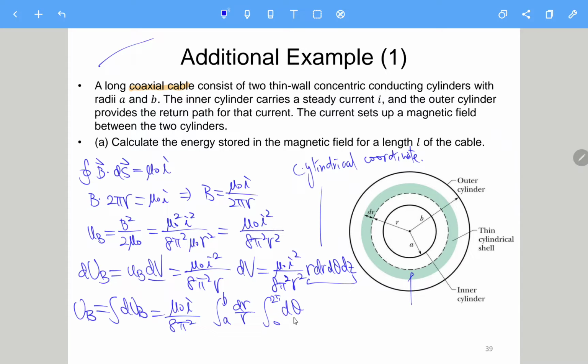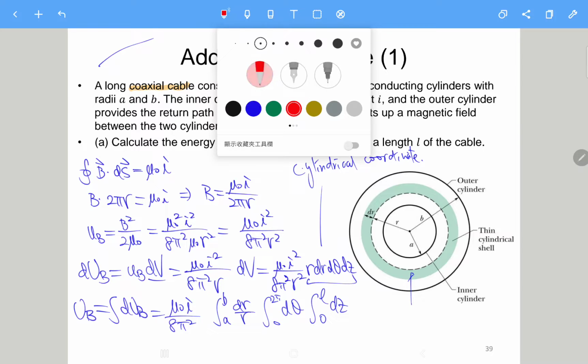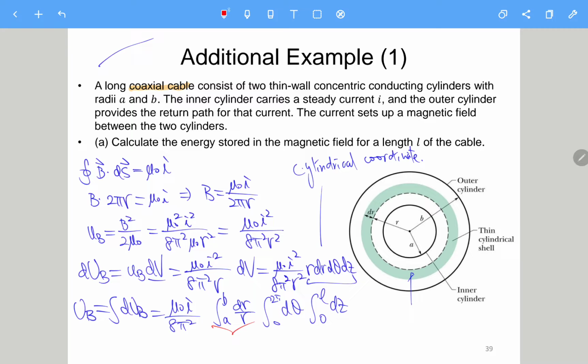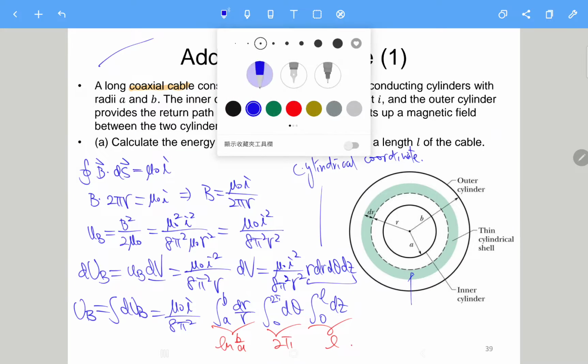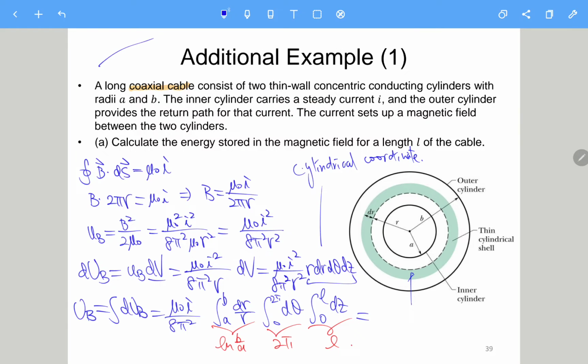And then dz, where the length should be L, so we integrate from 0 to L. In this case, this one is the natural log of B over A, this one is 2 pi, and this one is L. So the final answer will be mu 0 I squared, and then this 2 pi partly cancels with the 8 pi squared, which becomes 4 pi, and we put L here, and then the natural log of B over A.